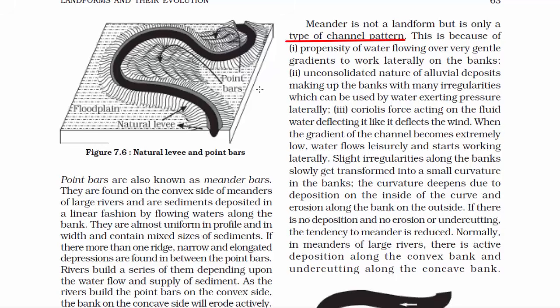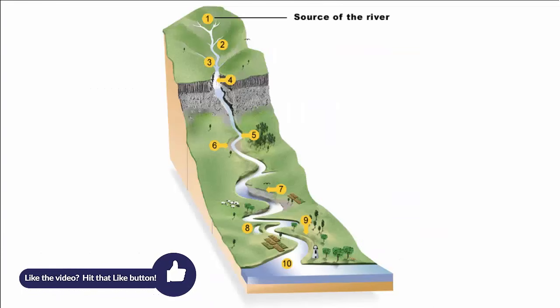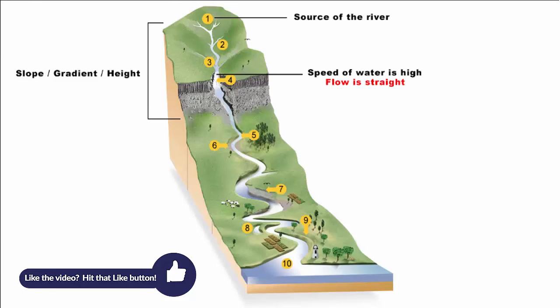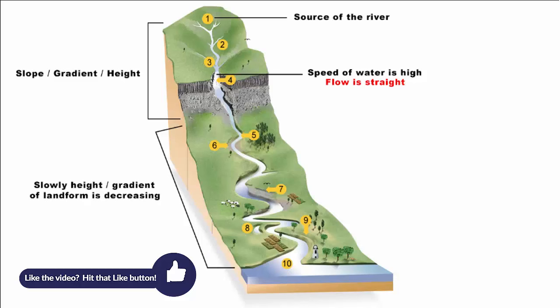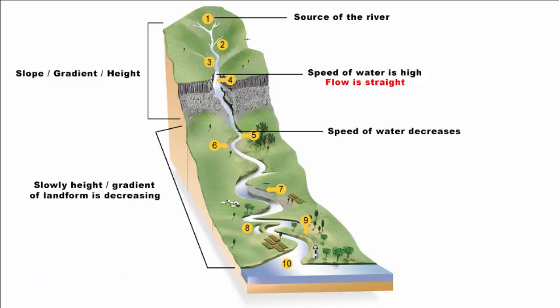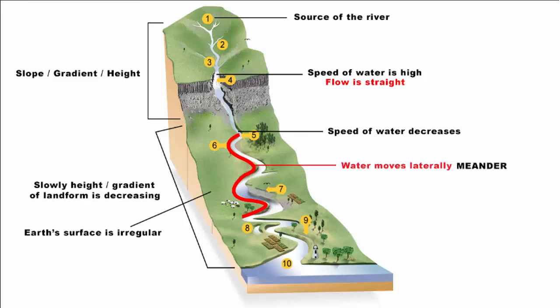Think about this. When a river flows from a great height, because of the height, the speed of water is high and the flow is usually straight. The moment the height decreases, the speed of the water becomes extremely slow. Water then flows leisurely and starts working laterally, sideways. Since the surface of the earth is irregular, the riverbank slowly transforms into a small curvature.